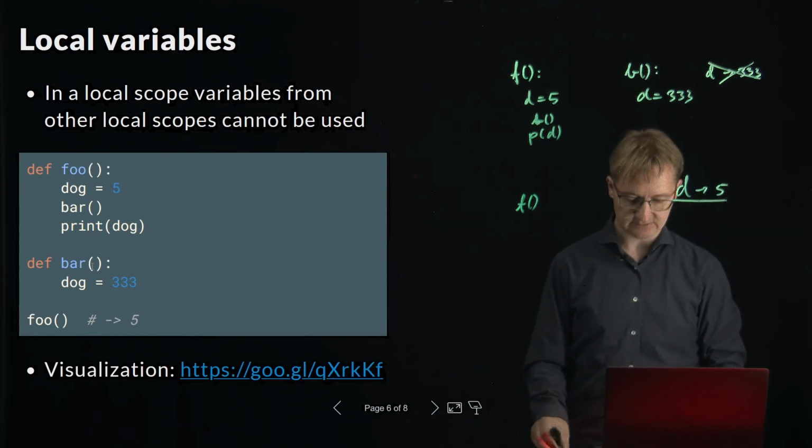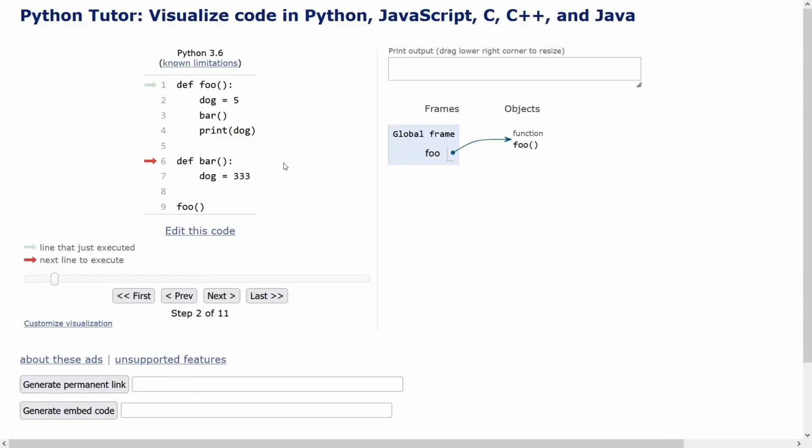Then we can see the visualization also from this Python Tutor. Here we can see that we execute the foo function. We go inside foo, and we are inside foo now. The variable dog becomes 5, so everything is understandable.